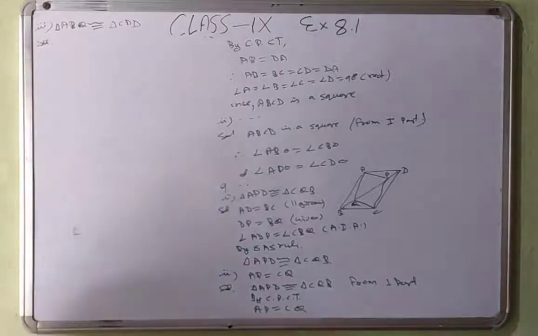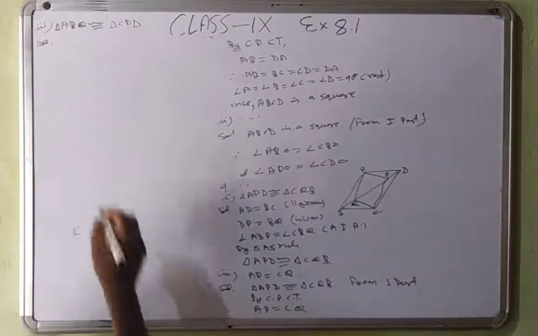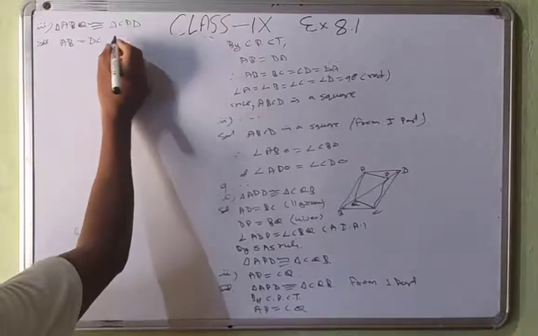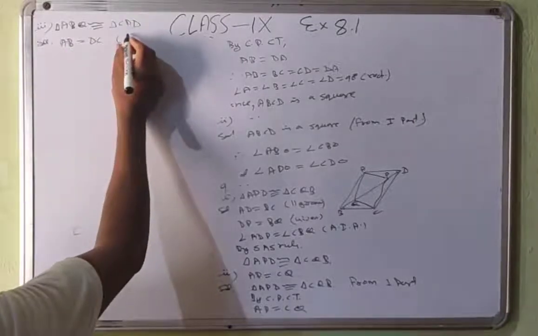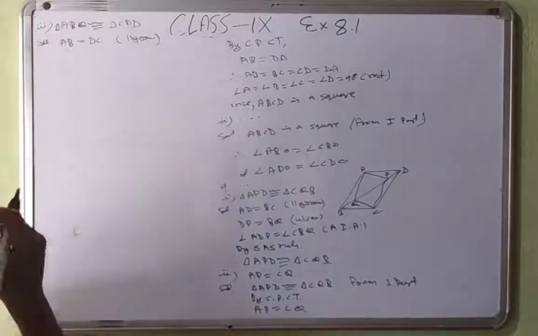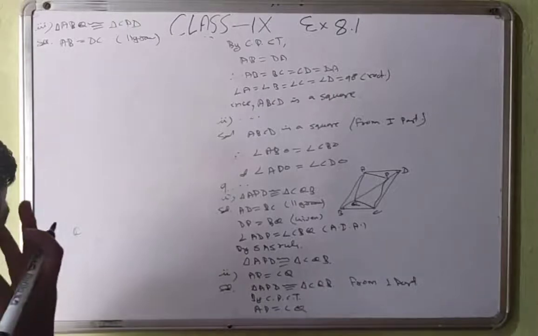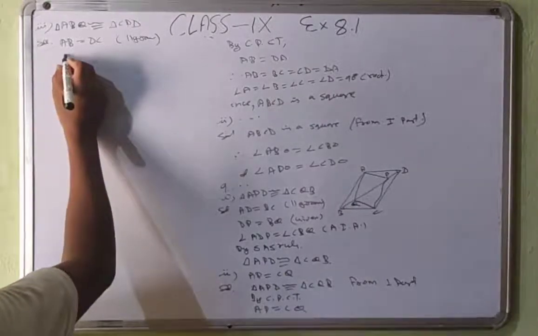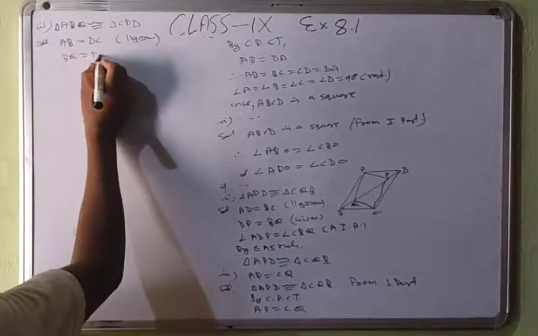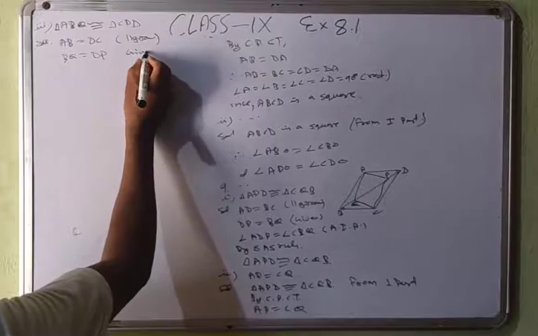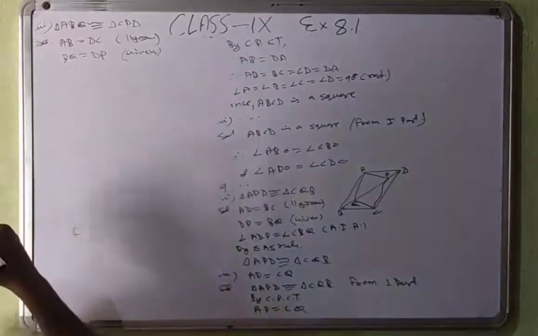Solution: AB is equal to DC, because they are opposite sides of a parallelogram. BQ is equal to DP, that's given. In the first part we have done that also.